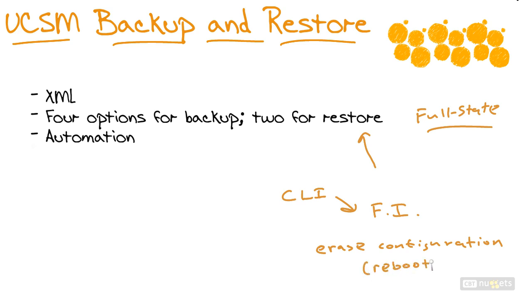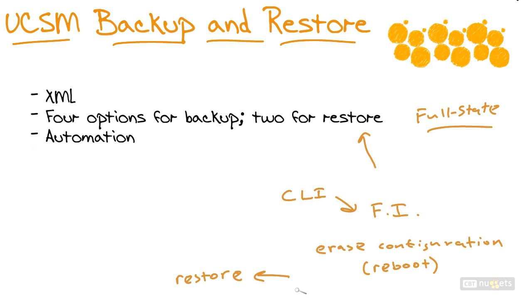So that's not a command. I'm putting that in parentheses because that is not a command we utilize. It'll just automatically reboot. When it comes back up, it says, do you want to set up new or do you want to restore? So you will literally type the restore command at that prompt, and it will guide you through finding the restore, the full state backup file that you saved on the network.